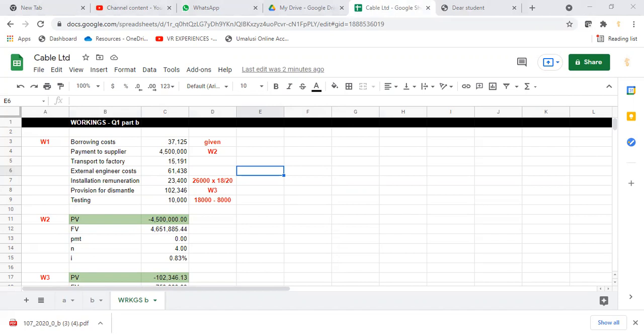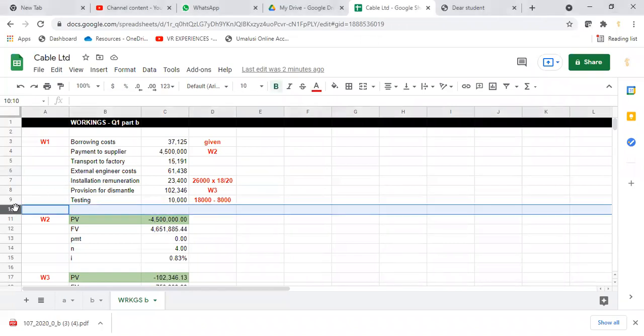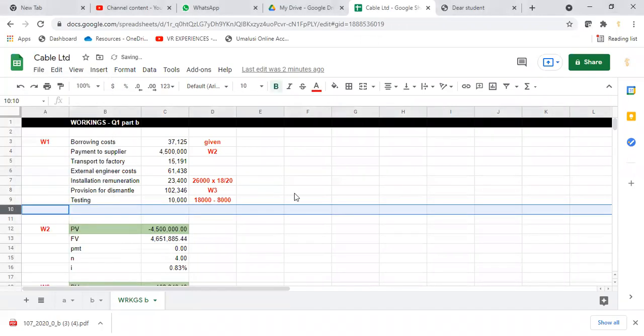I don't know how UNISA usually would do it. You just see what they would usually do. That's going to get an amount before spare parts.